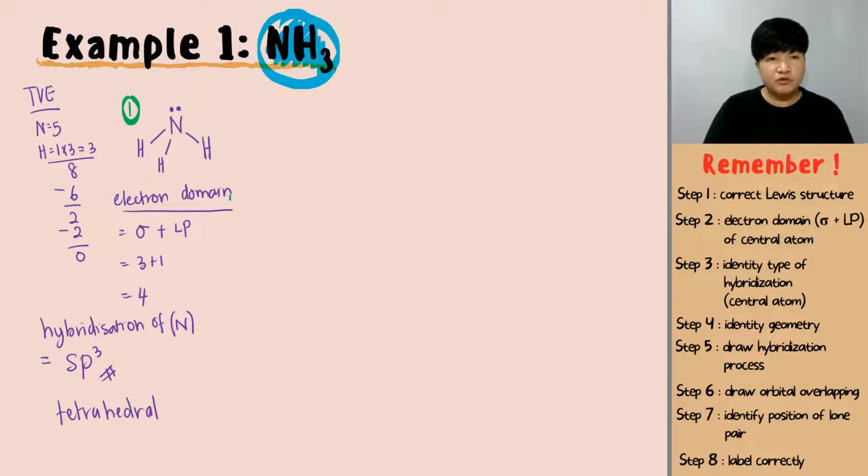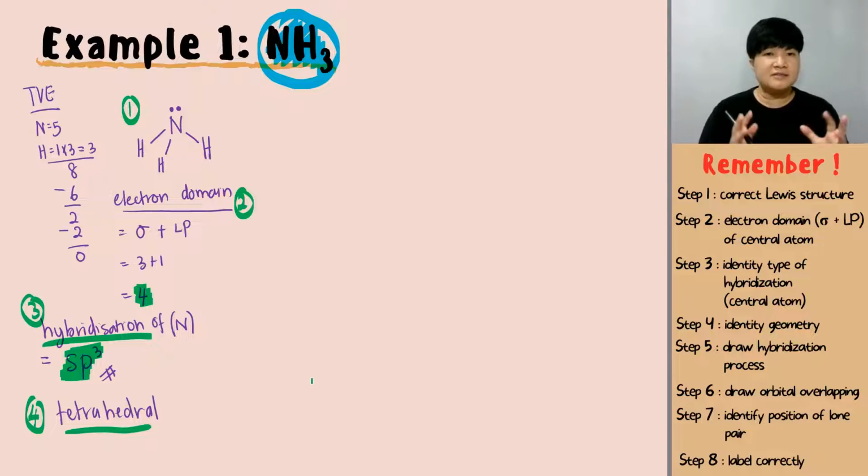Then we move on to your electron domain. From the electron domain that you determine, you can work out the hybridization. So from the hybridization that we have identified, which is sp3 over here, you can know the molecular geometry. Since this video is about the hybridization process and also orbital overlapping, let's go for the hybridization process first.